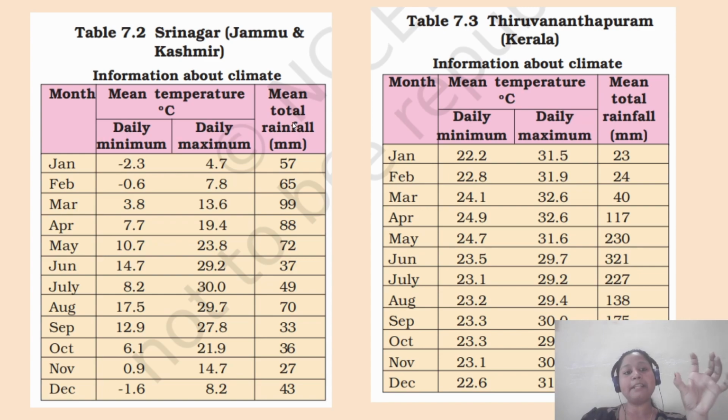From that data we can tell that yes, Jammu and Kashmir is an extremely cold state, and Kerala is comparatively warmer as compared to Kashmir. So from this data, we can draw the information that it is taken from the past 25 years. Cumulative data, we can say.